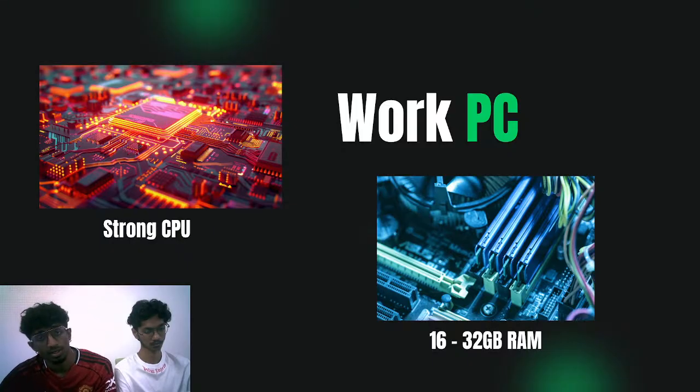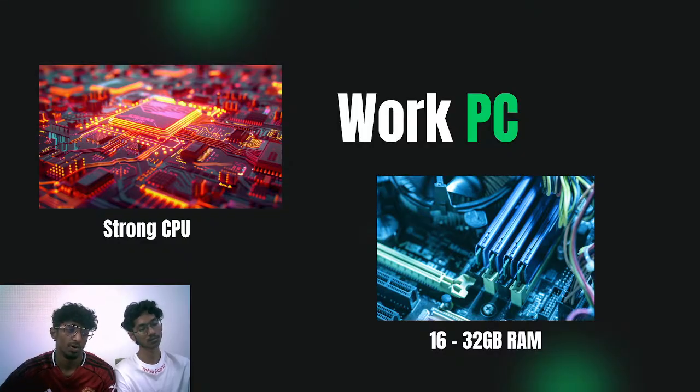Now, when we compare a work PC to a gaming PC, the priorities are very different. It's way more different from gaming PCs. Gaming PCs are usually optimized for high frame rates, flashy RGB lighting, and strong graphics performance for games.